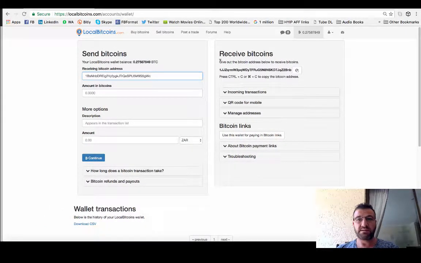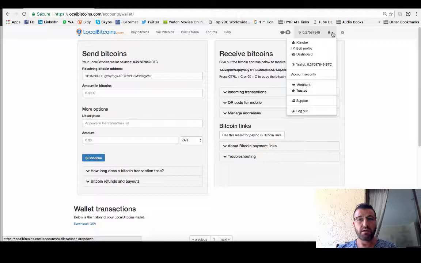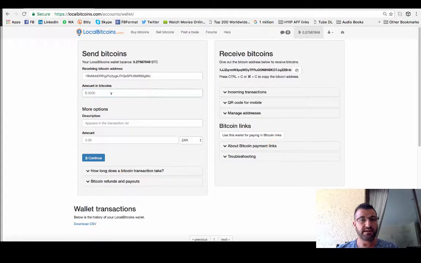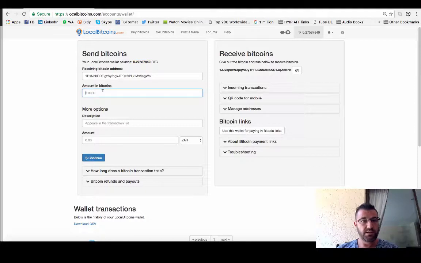So I'm going to send from this account to my other account, and I'm going to send the total amount of Bitcoin in that wallet. And I'm just going to put there what the account name is, transfer, and that's the amount of Rand value that I'm about to transfer.